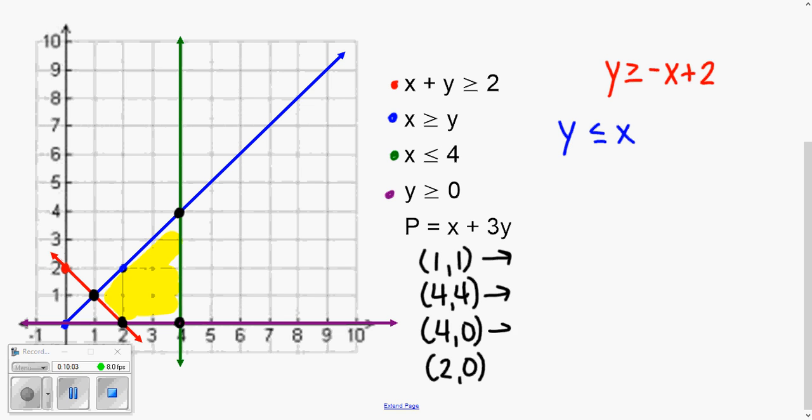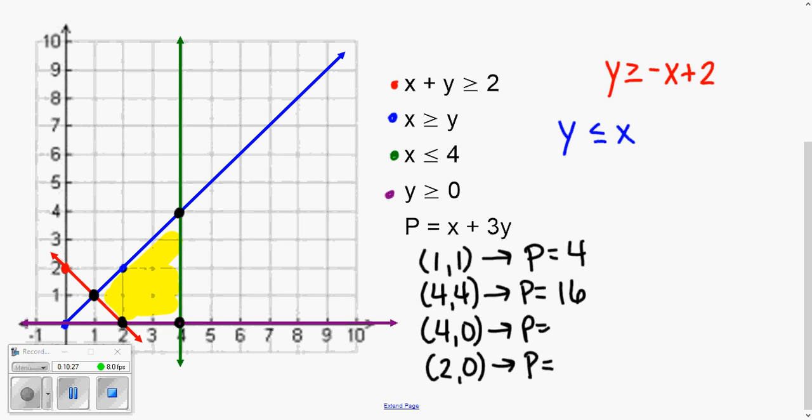So I need to put each of these vertices in the objective function one at a time and see what value we get. Often in our heads, we think that the largest ordered pair will maximize, and that's not necessarily the case. All right, putting a 1 in for x and a 1 in for y gives me 4. Putting a 4 in for x and a 4 in for y gives me 16.